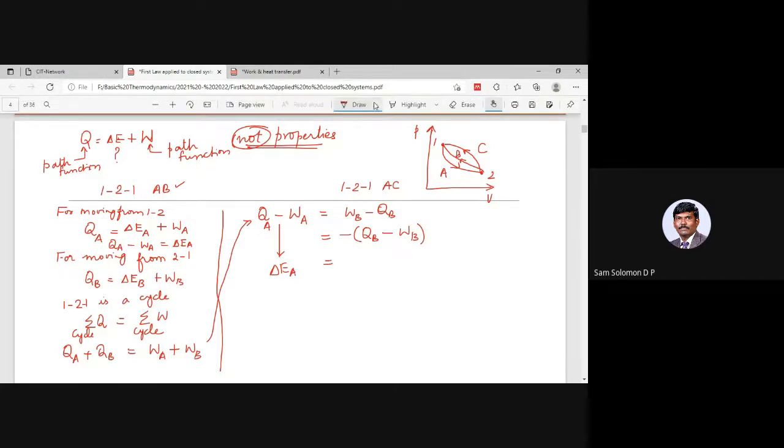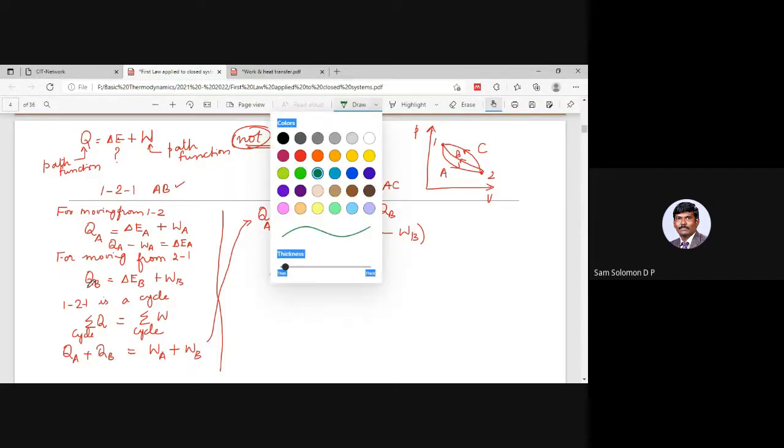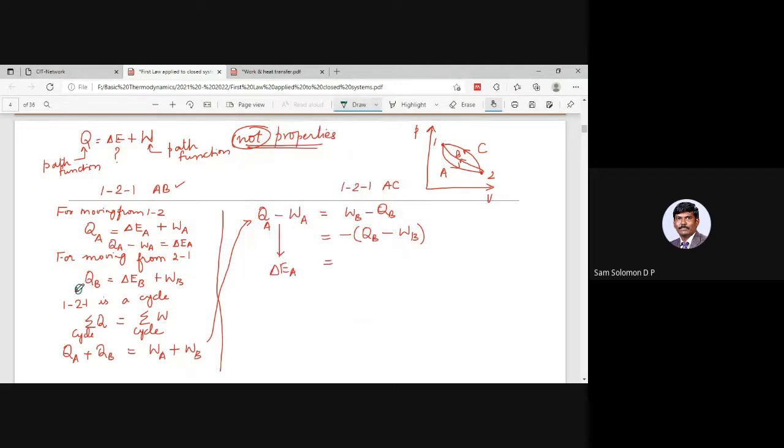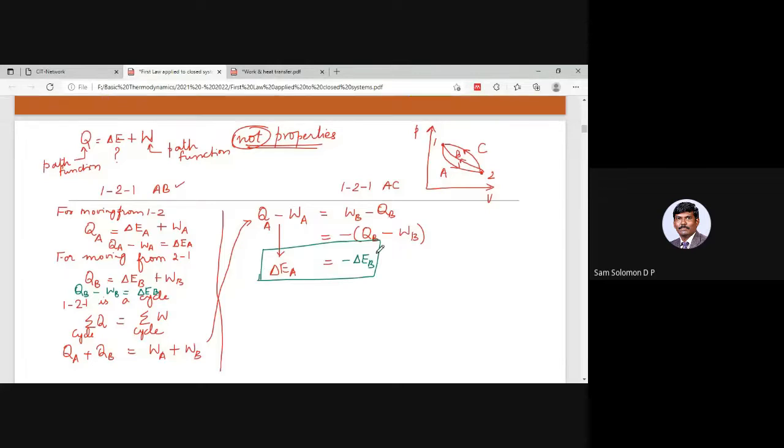Similarly, for this equation, if I bring WB to the right hand side, QB minus WB is delta EB. So I have got QB minus WB, which is minus delta EB. Look at this result: delta EA is equal to minus delta EB. Let's take this as equation 1. Okay, so this is for a cycle which was following the path AB.